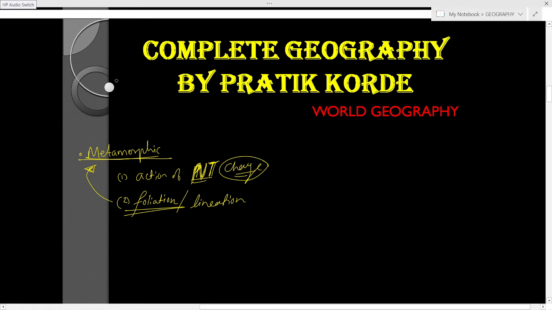Under the PVT change, certain materials change. For example, granite is an example of igneous rock, that is intrusive. Granite will convert into gneiss.